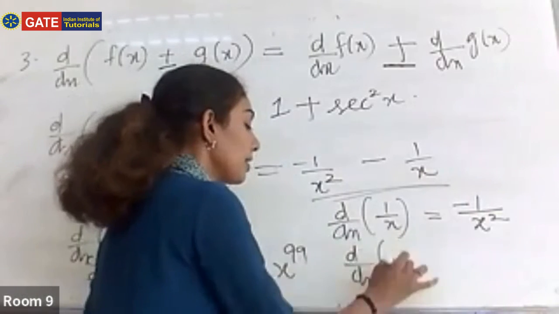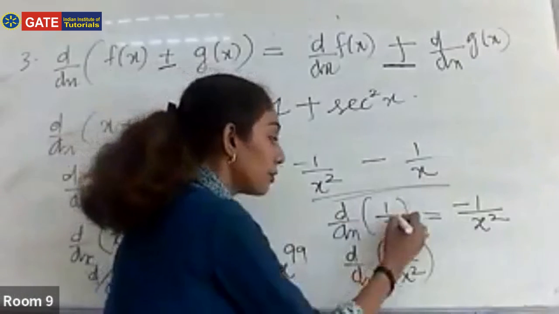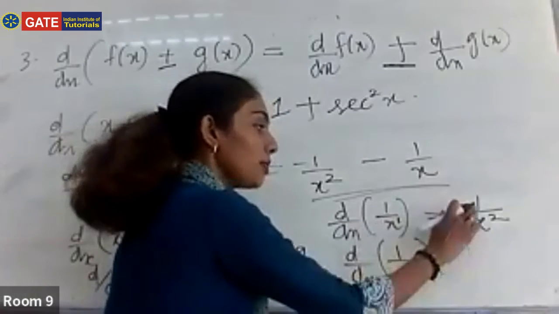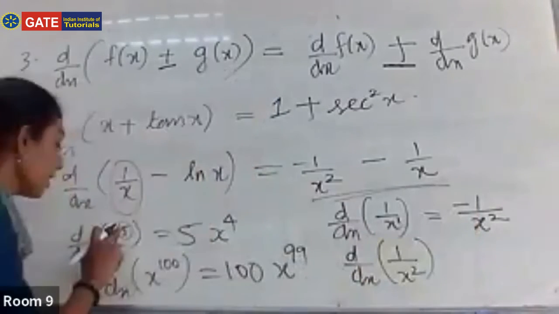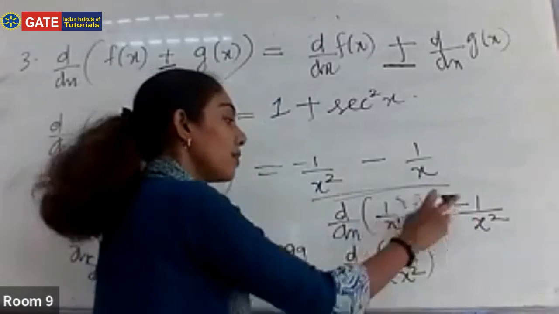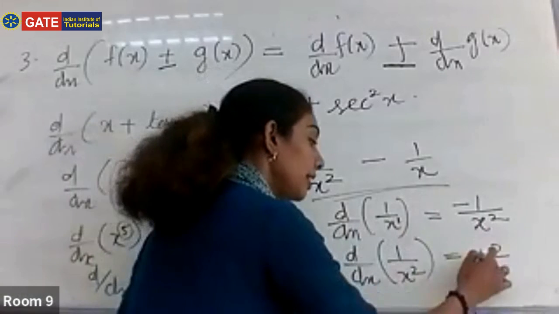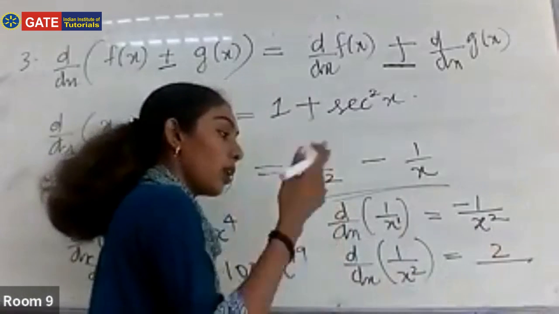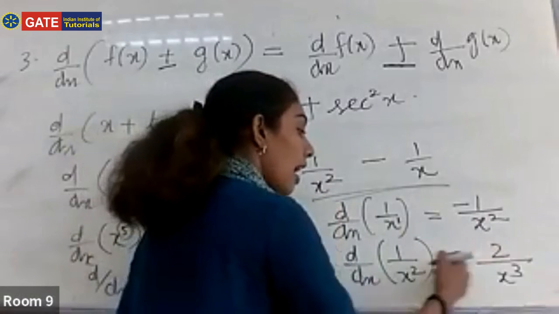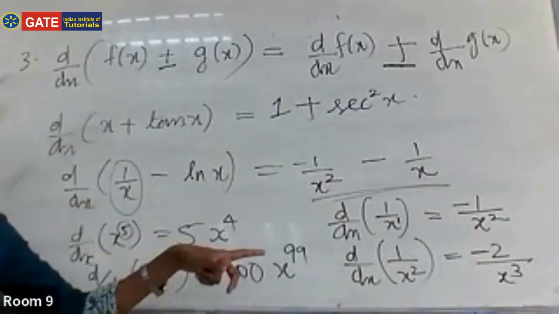If I ask the derivative of 1 by x square, whatever the power is, you write that here. Like here it is 5, we write 5; 100 means 100. Here it is 1, we write 1. Here it is 2, so we write 2. Then divided by, you have to write 1 power greater. And a minus sign will be there always, because it is reciprocal type.